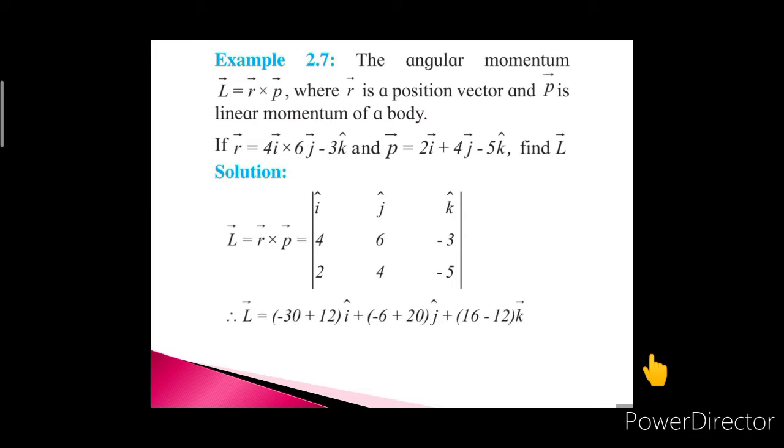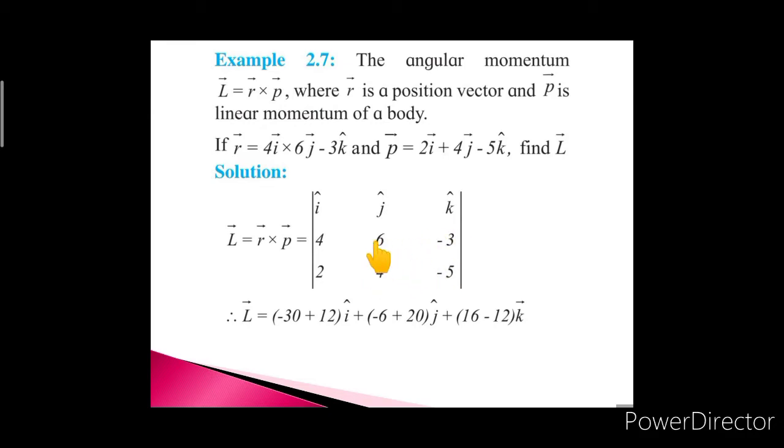So over here we use the method to solve the determinant. First of all, i cap is to be taken and hence the row and the column for the corresponding unit vector is not taken into account. The remaining row and column we take, and we do the cross multiplication like this, and as we are following the order from left to right, when we take 6 into minus 5, the next multiplication is to be subtracted.